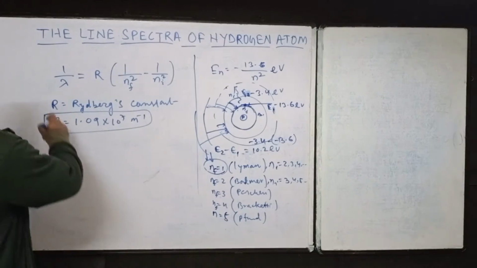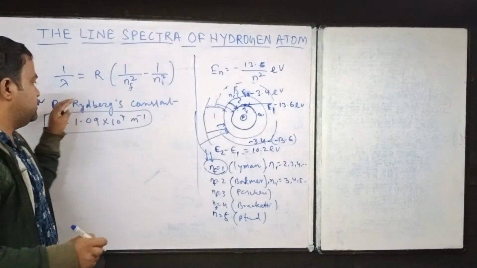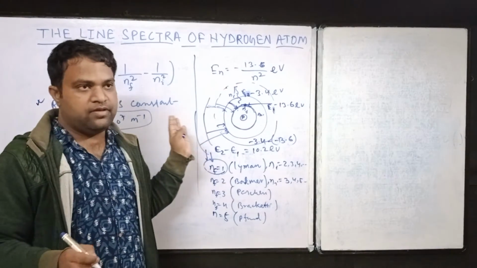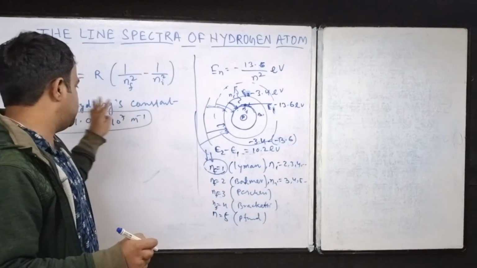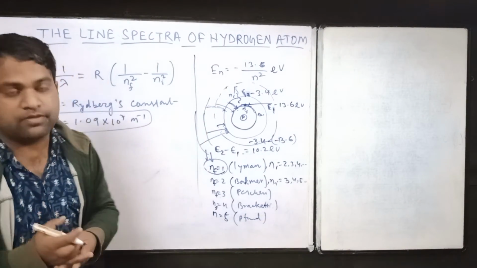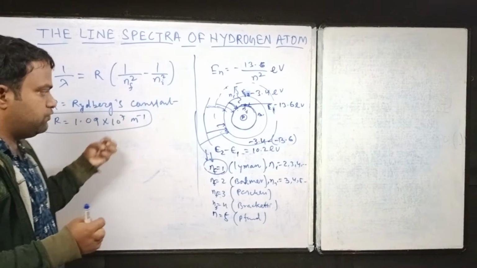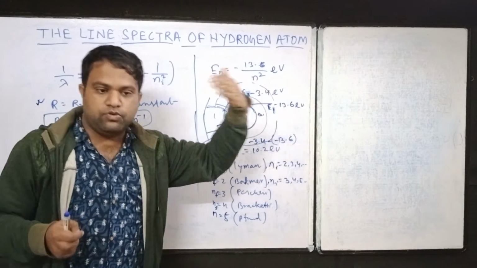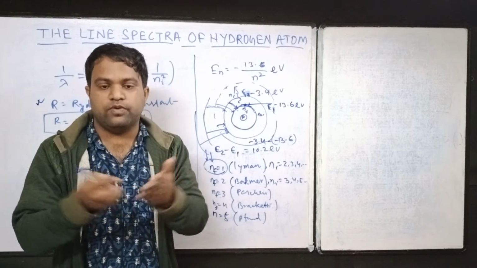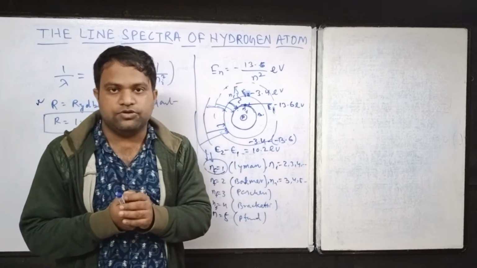Now, experimentally, from Bohr's theory, this constant was calculated, and approximately the same result came up, which is good proof for Bohr's model, and it made a way for quantum theory.